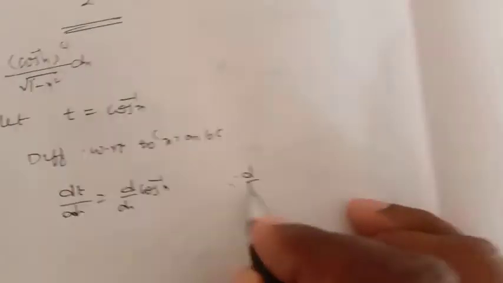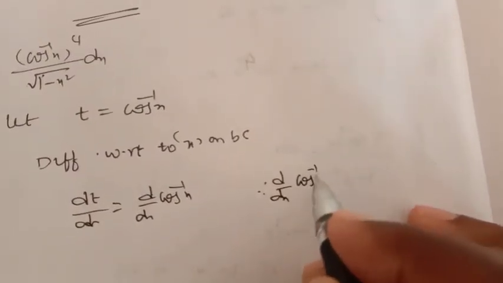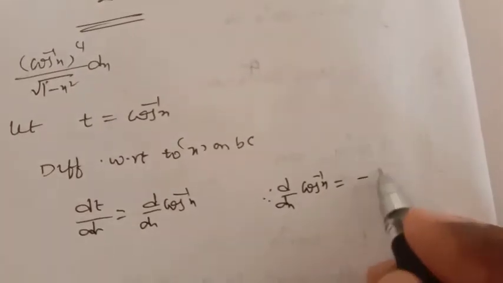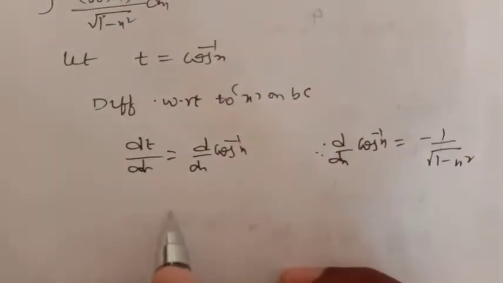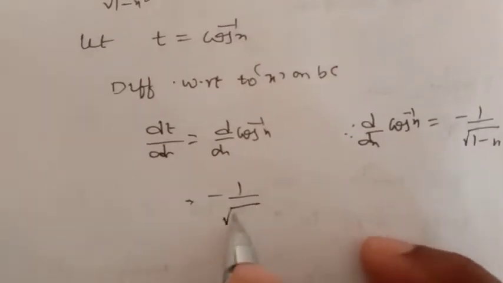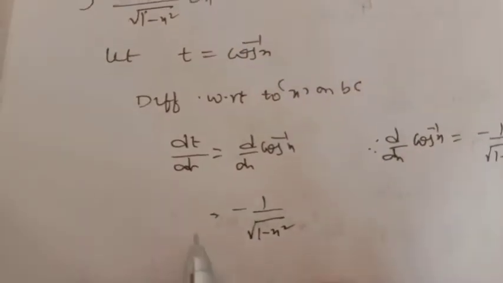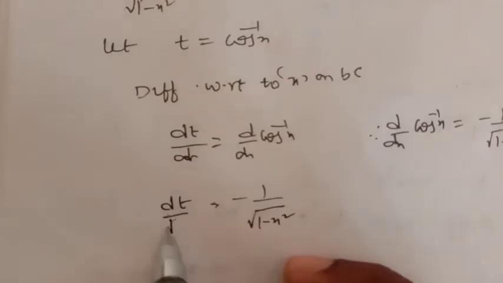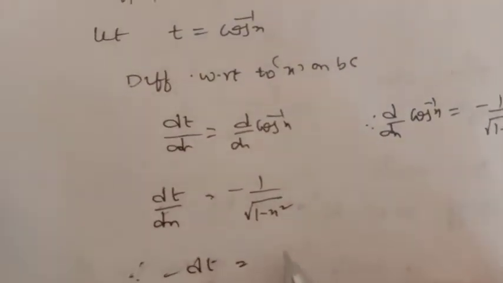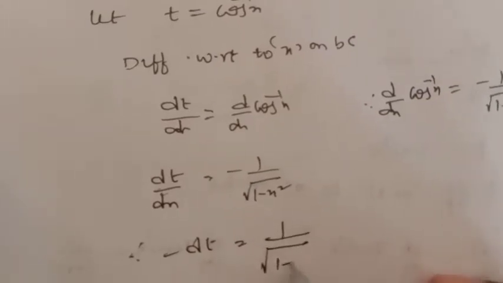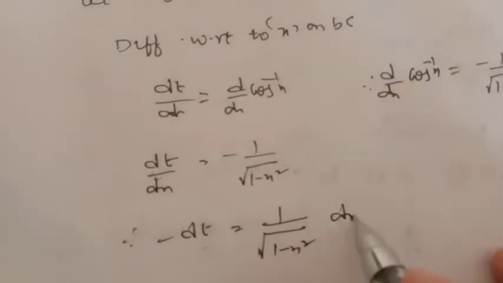Here we have d by dx of cos inverse x equal to minus 1 by square root of 1 minus x square, that equal to minus 1 by square root of 1 minus x square equal to dt by dx. Therefore minus dt equal to 1 by square root of 1 minus x square into dx.